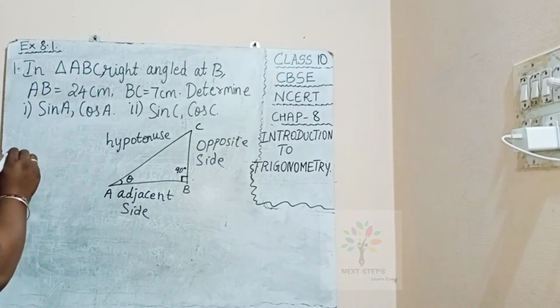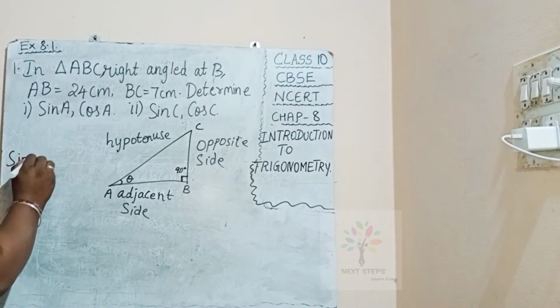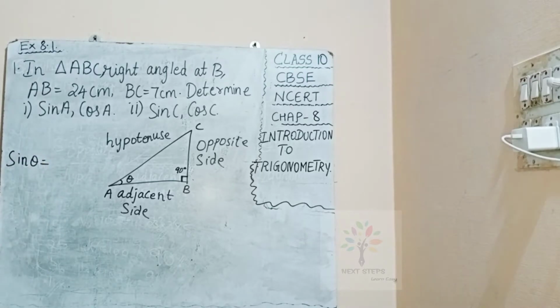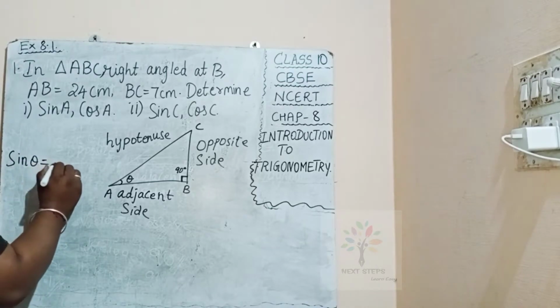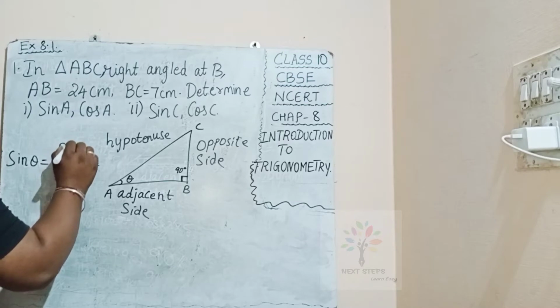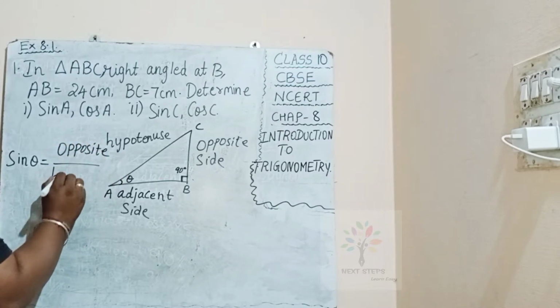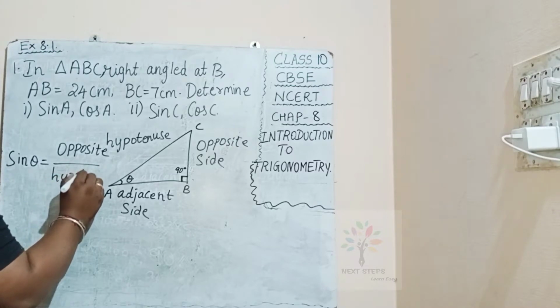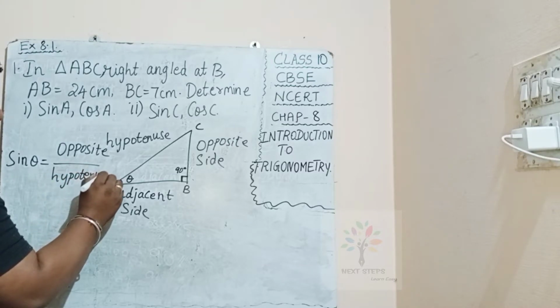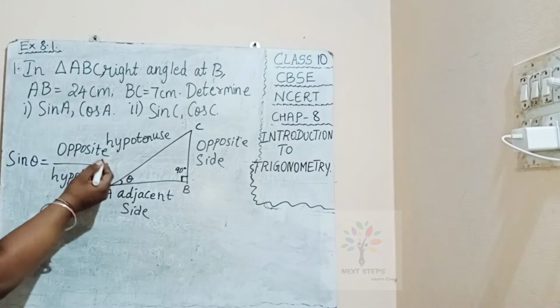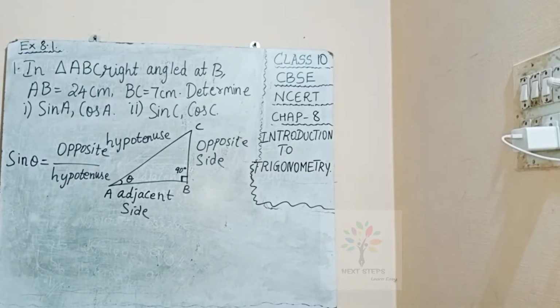Now we have to see what the formula for sin theta is. Sin theta is none other than the opposite side divided by the hypotenuse. Due to space constraints I have just written it as opposite.